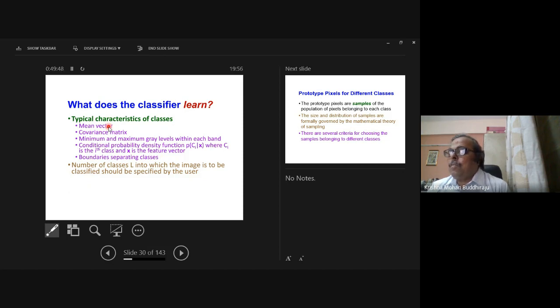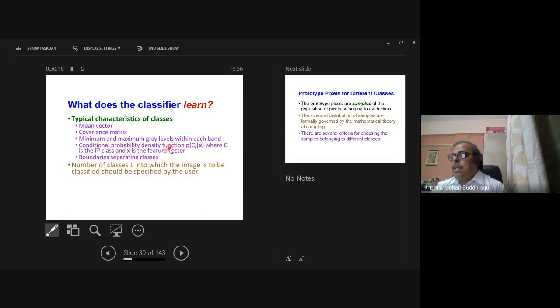And since you have multiple variables, you can not only find the variance of each variable, but also the covariance, how one varies with the other. And minimum and extreme values within each wavelength band for each class.